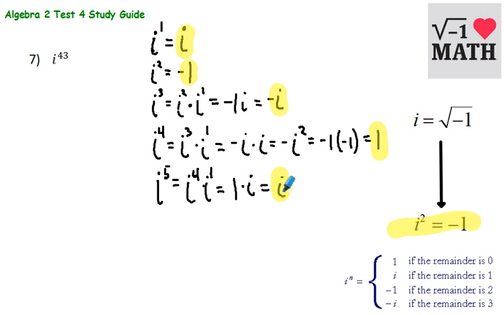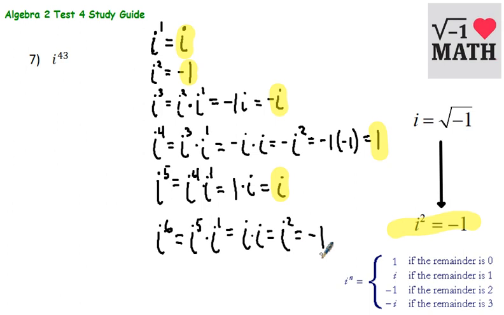Maybe we can see this just one more time. So let's say we said i to the sixth power. Well, i to the sixth power would really be i to the fifth power times i to the first power. We know i to the fifth is equal to i, and we know that i to the first power is i. i times i would be i squared. i squared is equal to -1.